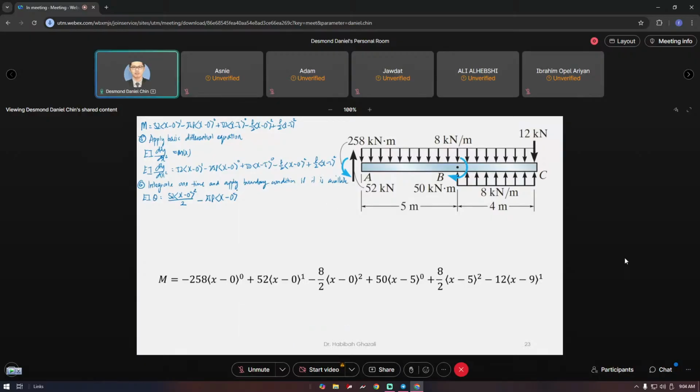Plus 50 x minus 5 to the power 1 also, right? Integrate. Minus 8 x minus 0 cube divided by 2 times 3. Agree? Yes. Plus 8 x minus 5 cube, so this is also 2 times 3, right?